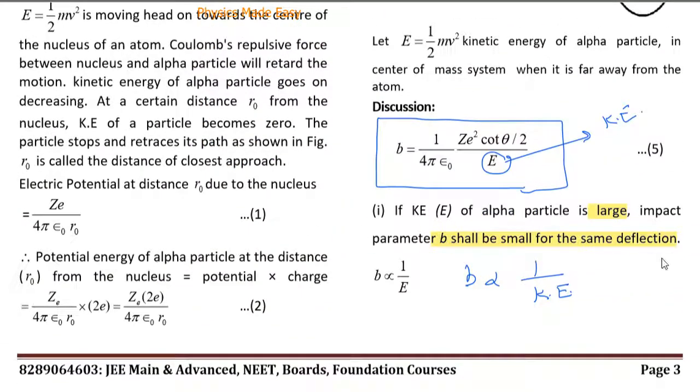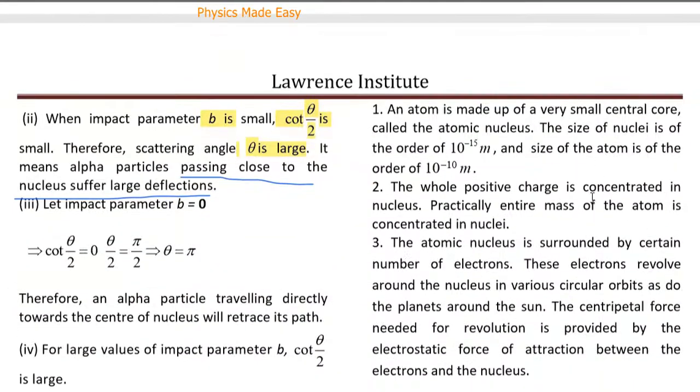Because cot theta is cos theta by sin theta, so sin theta comes in the denominator, and the value of sin theta is large for large angles. Or simply remember, the value of cot theta is small for large angle.